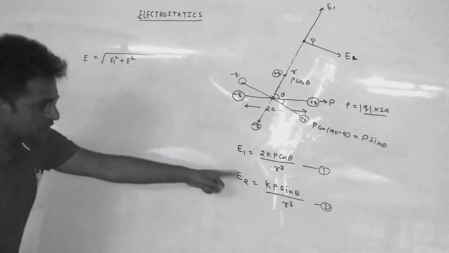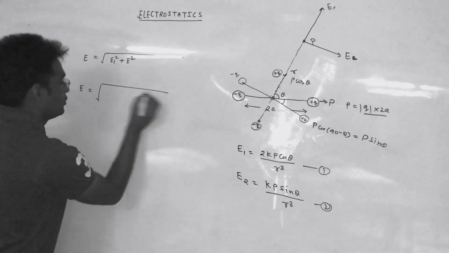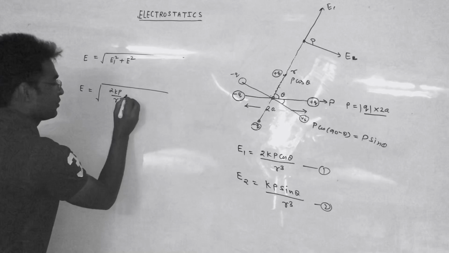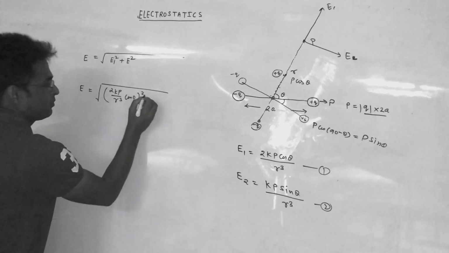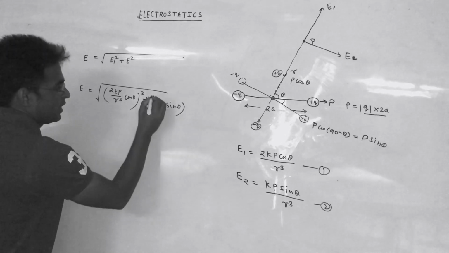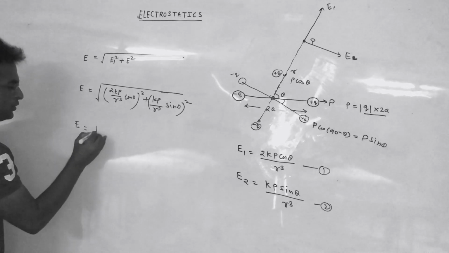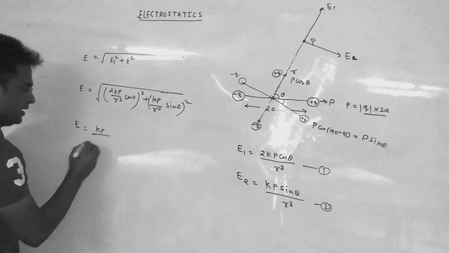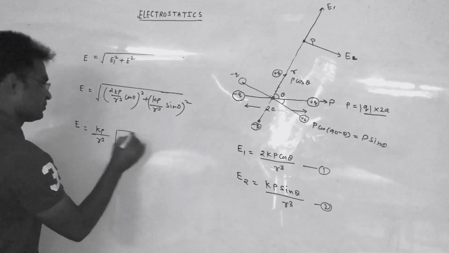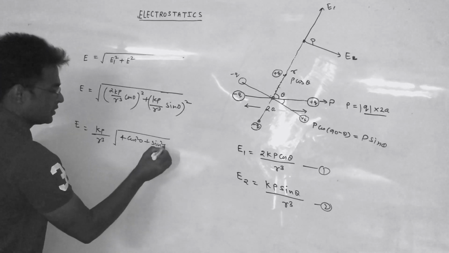If I put the values, I'll get E is equal to under root of 2kp cos theta divided by r cube, squared, plus kp sin theta divided by r cube, squared. If I solve this properly, I'll get E is equal to kp divided by r cube times under root 4 cos square theta plus sin square theta.